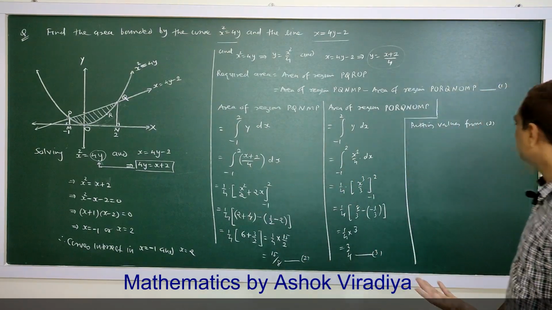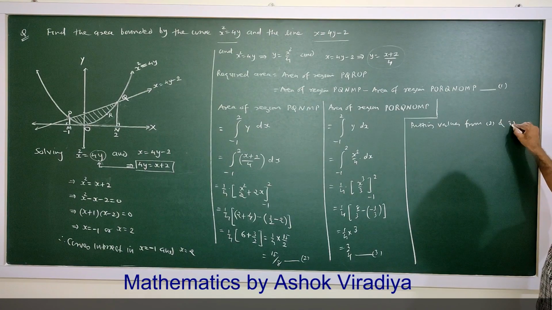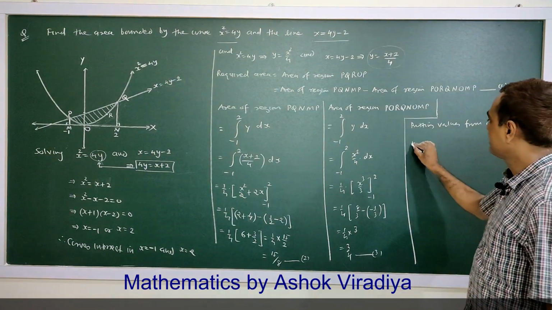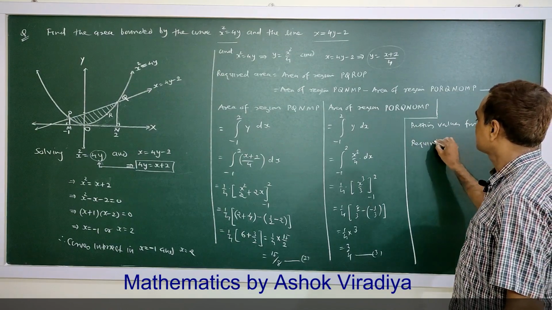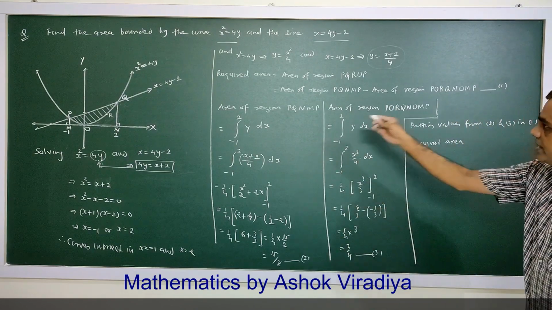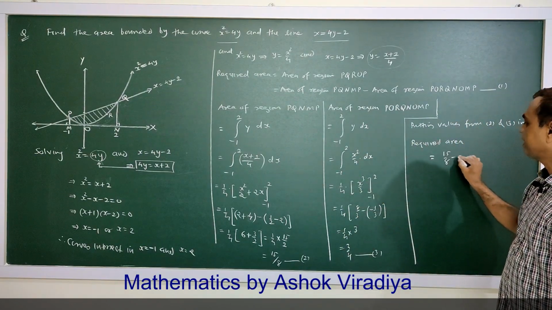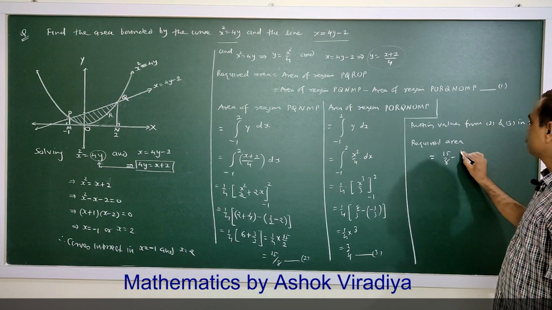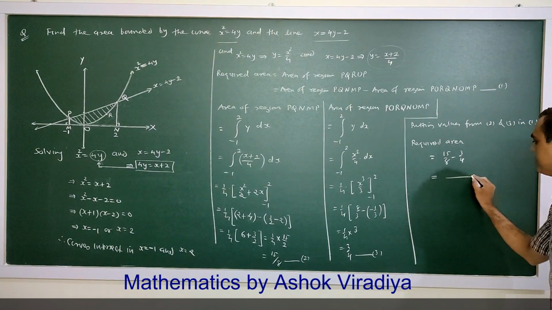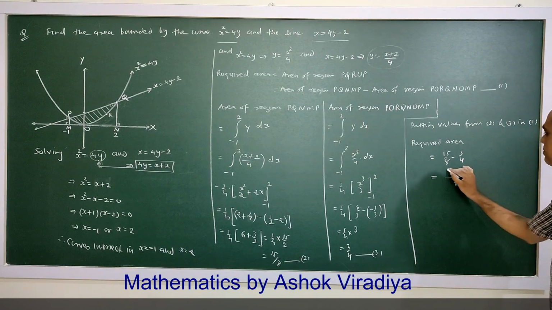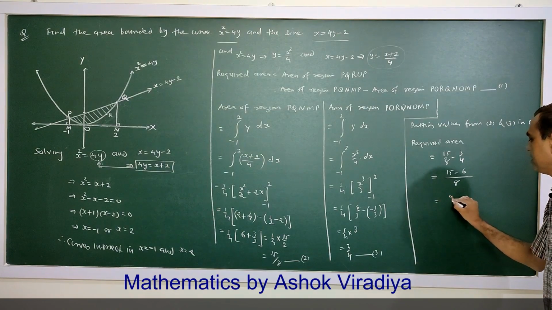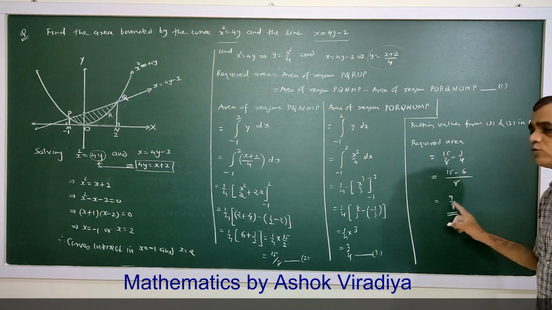So putting values from 2 and 3 in 1, the required area is equal to first area 15 by 8 minus second area 3 by 4. Here the LCM is 8, so this will be 15 minus 6. So it will be 9 by 8. So this is the required area.